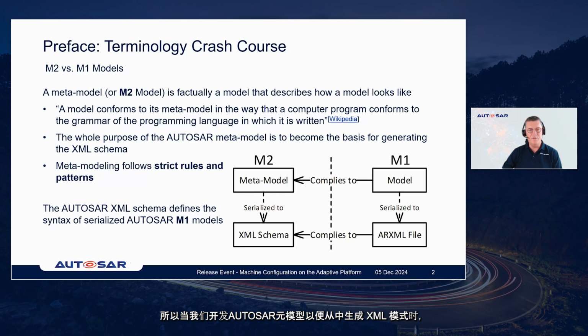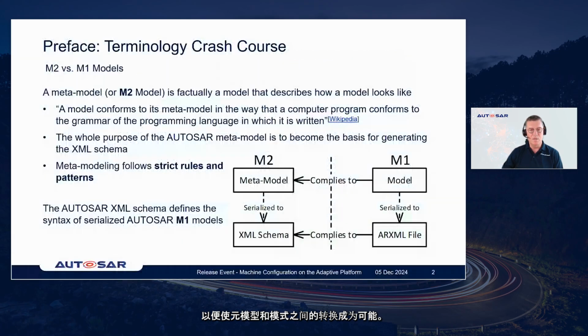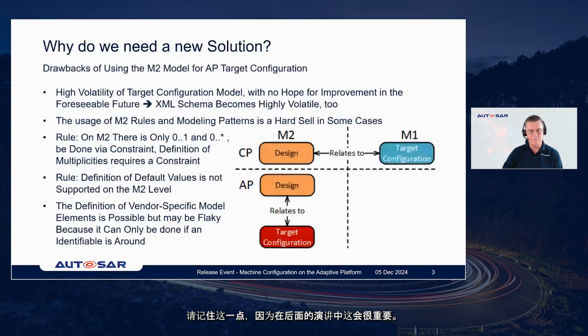So when we develop the AUTOSAR meta model in order to generate the XML schema out of it, we have to follow some rules and some patterns in order to make this transition between the meta model and the schema possible. And please remember this aspect because it will be important later down the presentation.